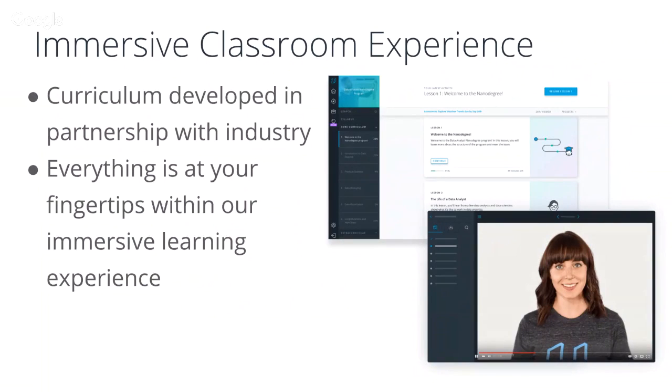In some of the programs that you'll see in the upcoming slides, you'll notice that it's an immersive experience, and that is we develop projects alongside these industry partners, and then we try to build lessons that work up to getting you to meet the specifications on any of those projects. Some of the projects have even been developed right alongside an industry partner, or we take an industry partner's current problems and we put them into the classroom.